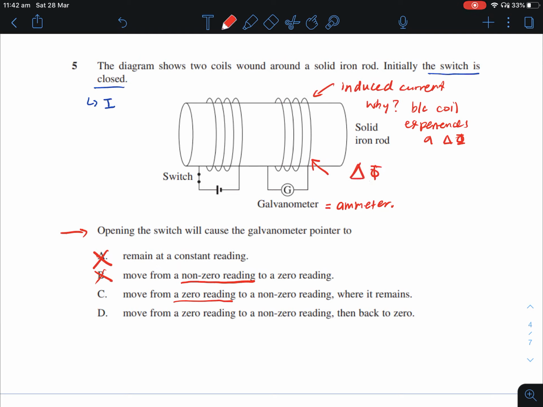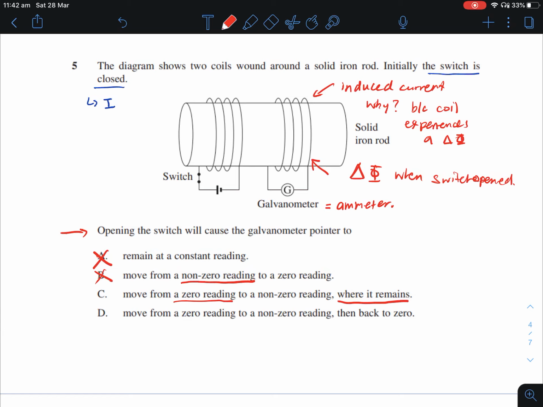There's a change in flux when the switch is opened. But then it tells us it remains at a non-zero reading. Is that true? Because once the switch is opened, there's no more magnetic field. So there is initially a change, but after a while, there's no more change.